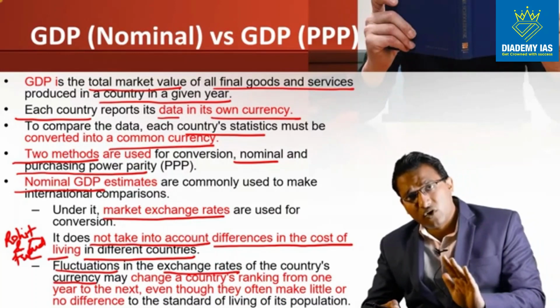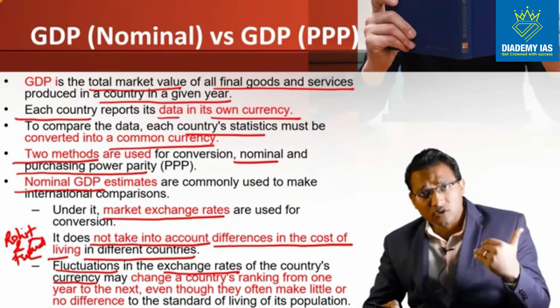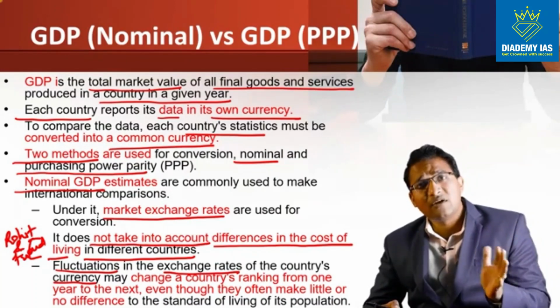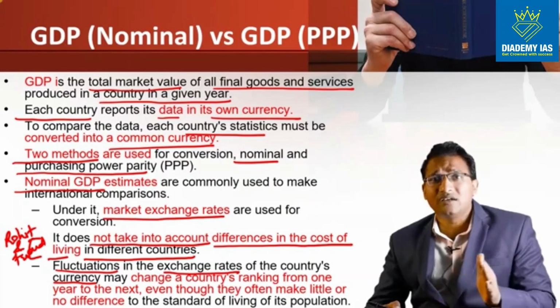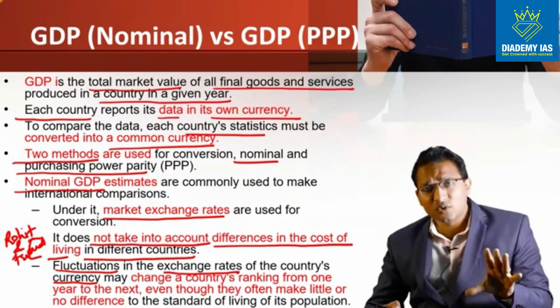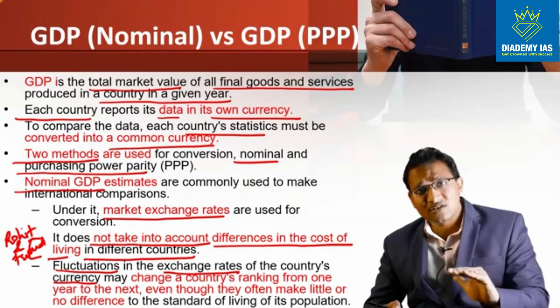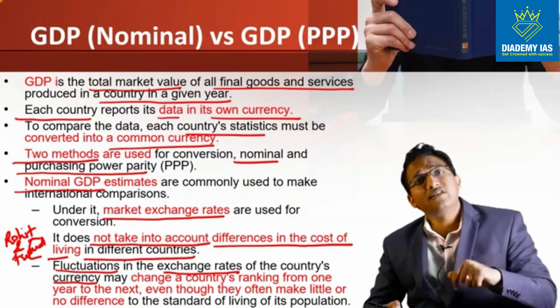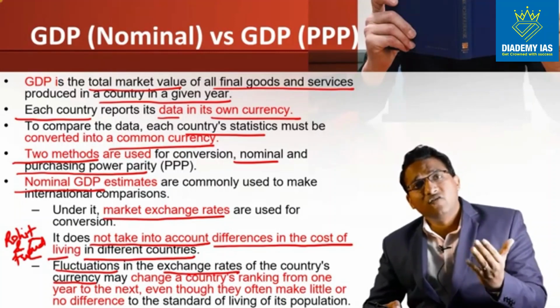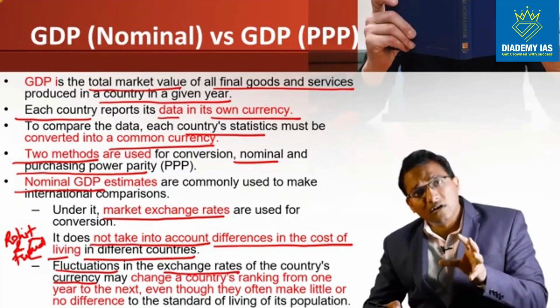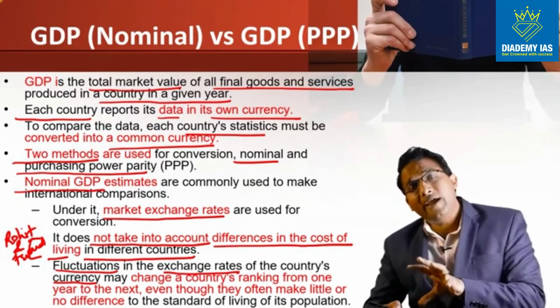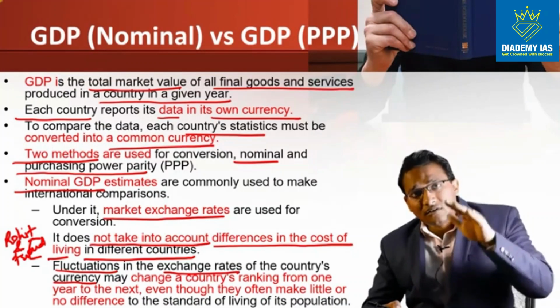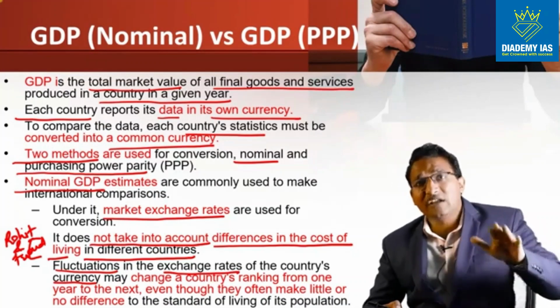Sometimes it is the Middle East war, sometimes it is the downfall of the USA, sometimes it is the trade war going on between the USA and China. So there are different reasons because of which the fluctuation in the exchange rate happens, and based upon those fluctuation rates we conclude the value of a particular economy, and based upon that the ranking of the different countries keeps changing.